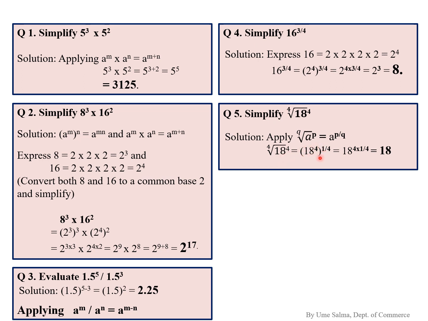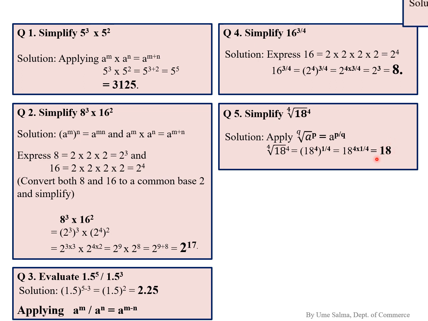This 4 here becomes 1 by 4 because it has to be in the denominator. Now as this is multiplication, you are going to take the product of these two: 18 to the power 4 into 1 by 4. So you will cancel 4 and 4 and you will remain with 18 to the power of 1, or simply 18.